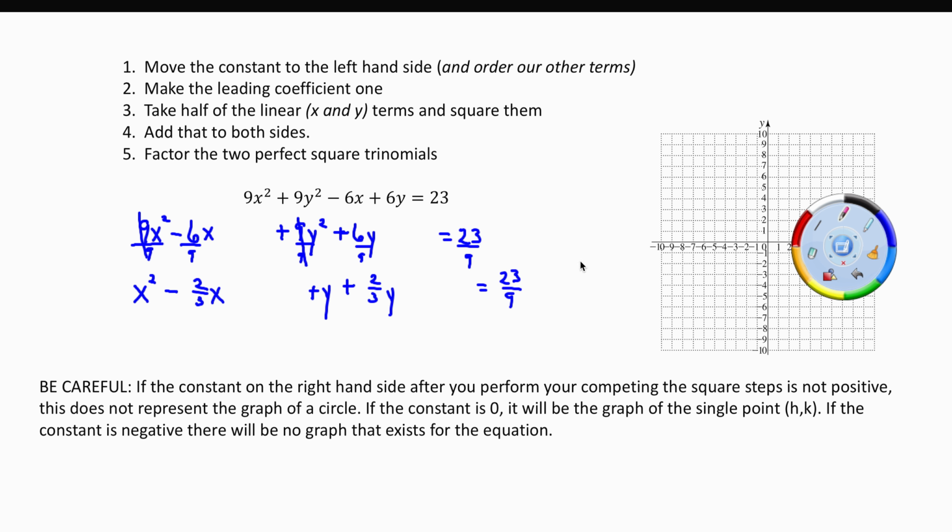Then I'm going to take half of my linear term, so half of 2/3, of course, is 1/3, and 1/3 squared is 1/9. So I'm going to add that value to both sides, and then do it again for the y's. Oh, it's the same number. Half of 2/3 is 1/3, and 1/3 squared is 1/9. So I'm going to add 1/9 again to both sides.